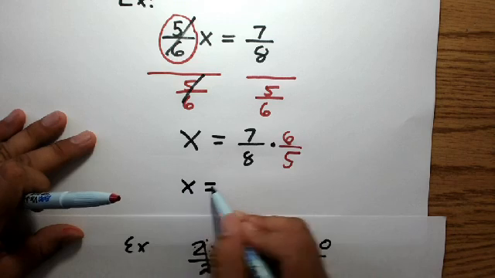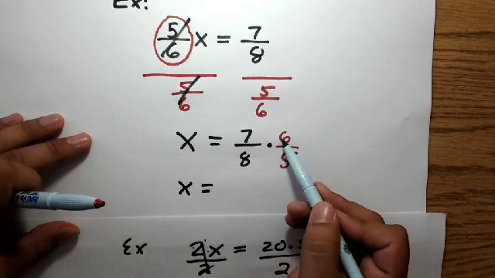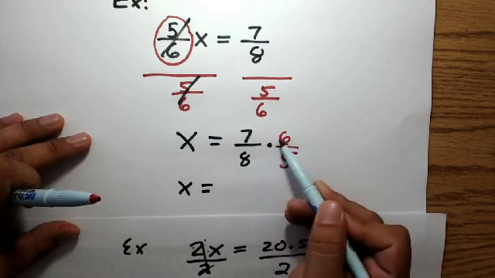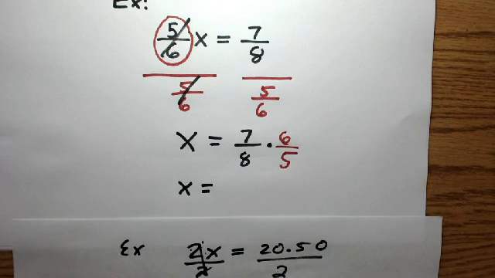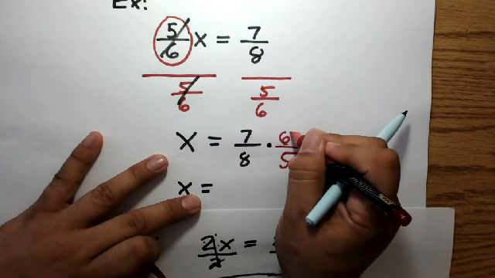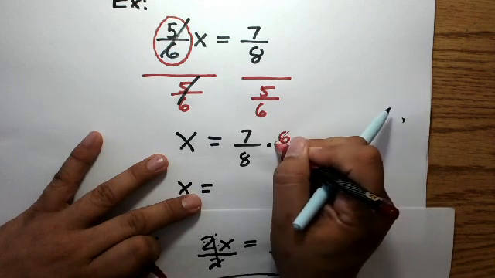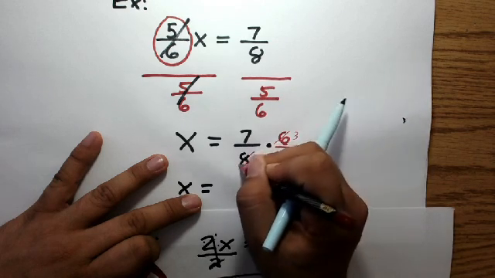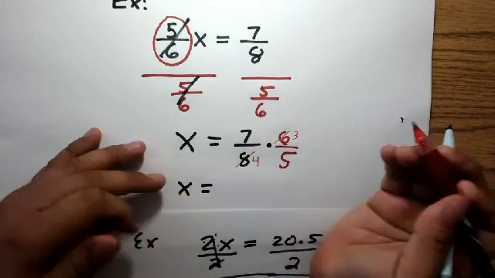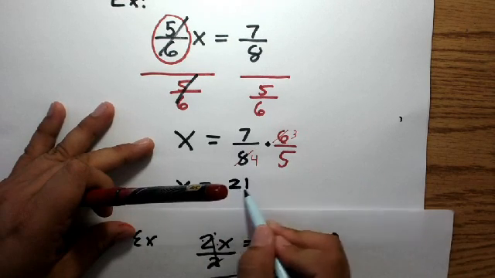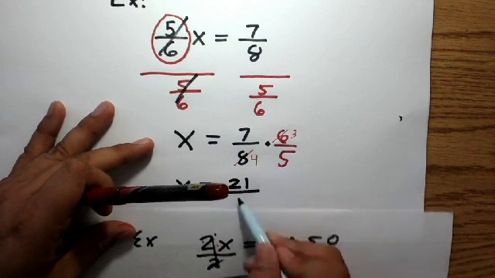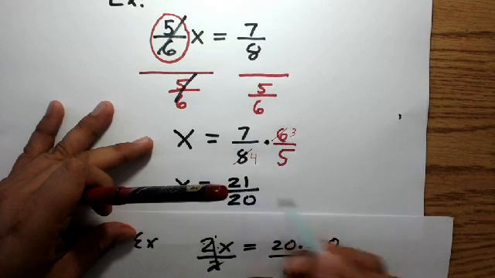So x would equal... Now, can I do any cross reduction here? I actually can, right? Excellent. This becomes 3, and then this becomes what? Great job. So this is 7 times 3, which is what? 21. And 4 times 5, which becomes 20.